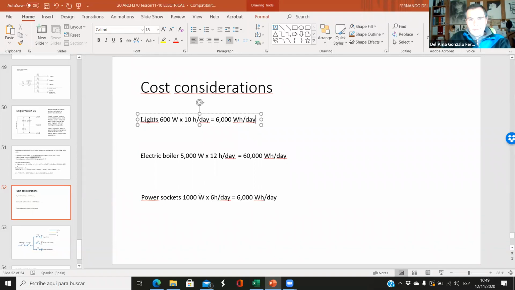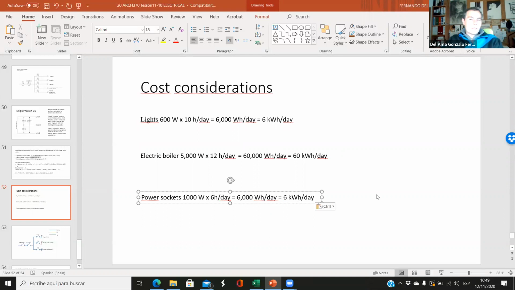As you know, the unit that we use is the kilowatt hour. So we have to divide this by 1,000. So 6,000 watt hours is 6 kilowatt hours per day. 60,000 is 60 kilowatt hours per day, and 6,000 again is 6 kilowatt hours per day.